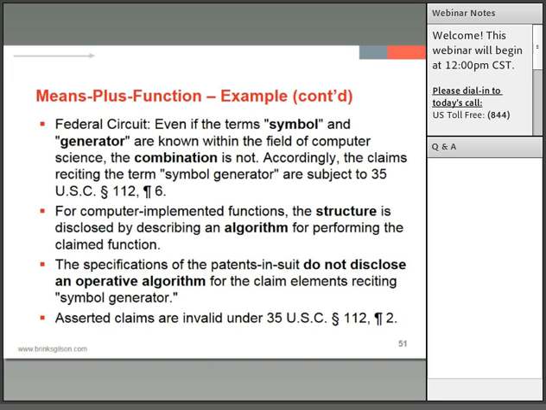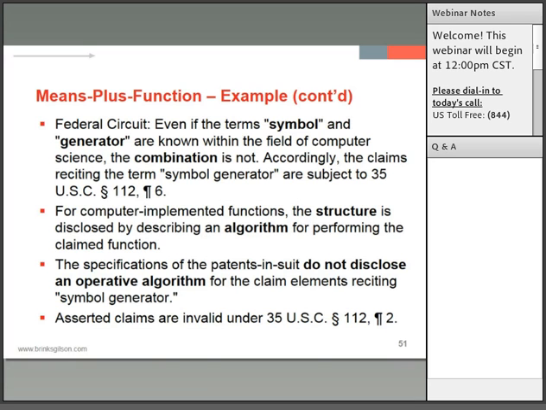Then, because it's a means plus function term, we need to look at the description. If a certain structure is described in the description, that would define what a symbol generator is. And because this is a computer program, they are looking for an algorithm, because a computer is defined by what it does, so the algorithm would then be the structure when it comes to computer programs.